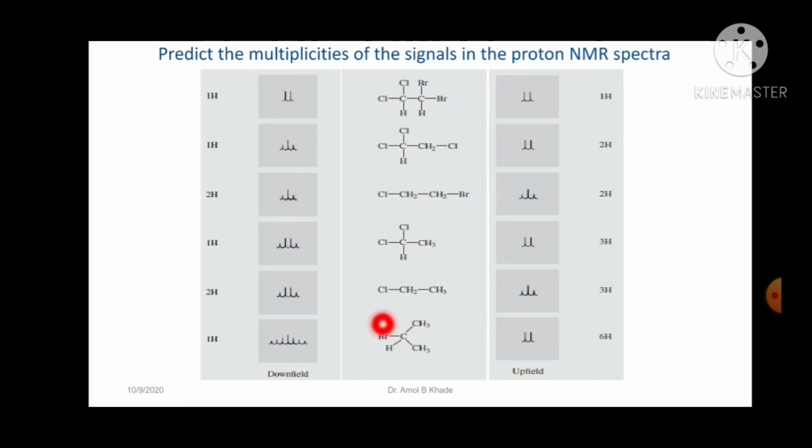When we talk about the CH proton, the neighboring carbons are this CH3 and the other CH3 here, so they both have 6 protons, so 6 plus 1, it will be a septet, okay. And because of the bromine attached to this CH carbon, it will appear towards the downfield region, and there will be 7 multiple lines which we can observe in this particular diagram here, okay.